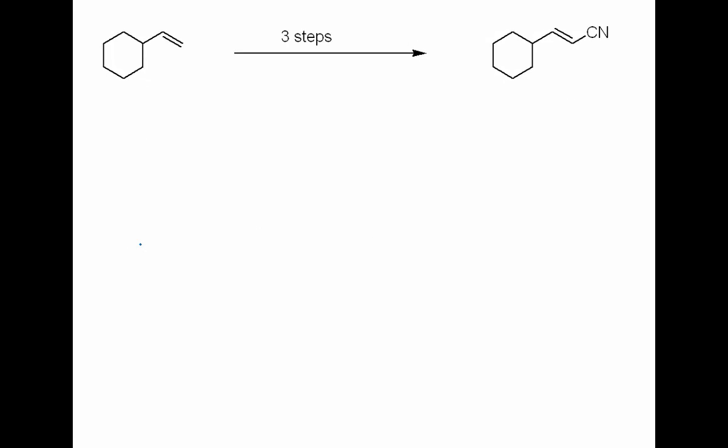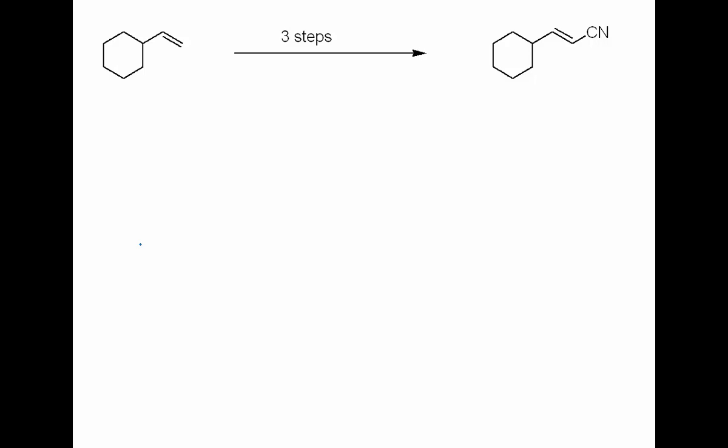Okay, let's do another one. This also takes 3 steps. How could we do this? The only reaction we know that makes a nitrile is from an alkyl halide doing an SN2 reaction, but we also know that we can't do the SN2 reaction at an sp2 carbon.